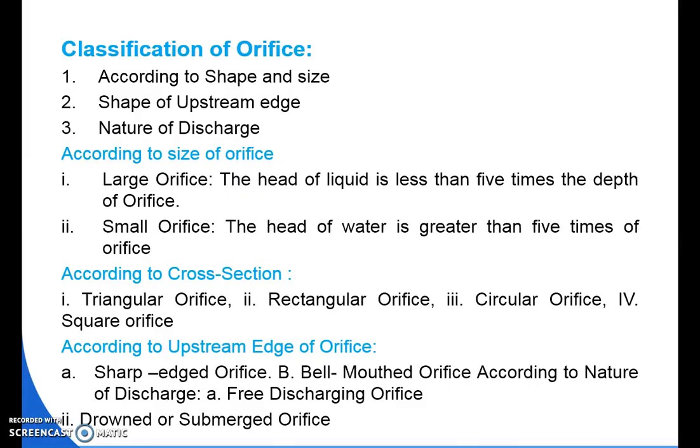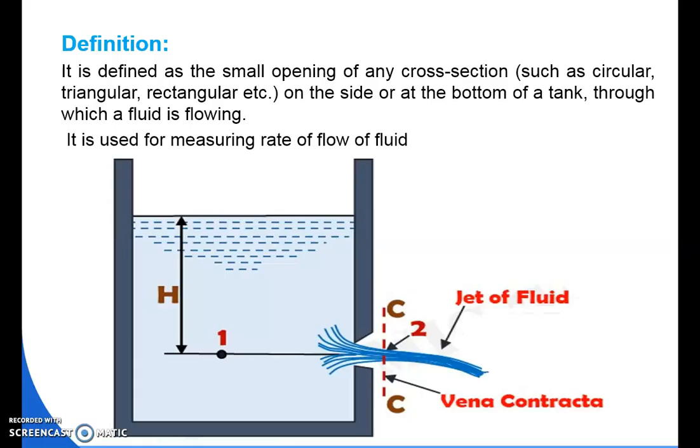Now we come to flow through orifice. The water is contained in the container, and the liquid flows through it. Due to the small diameter of the orifice, high velocity water comes out of the tank through this small hole.